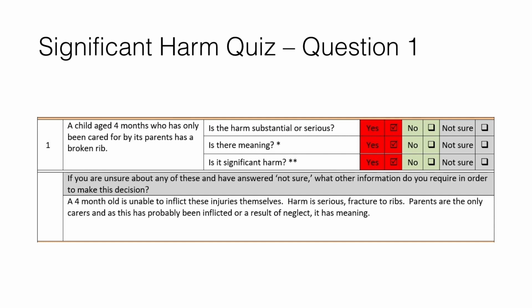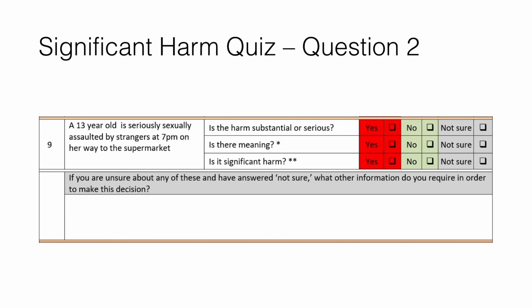So is there meaning? Well, parents are the only caregivers, probably inflicted or as a result of neglect, so yes. Significant? Yes. So if this came in as a report or referral, you'd have enough concerns about likelihood of significant harm to move into the first steps of child protection, initiating a strategy discussion with the police.